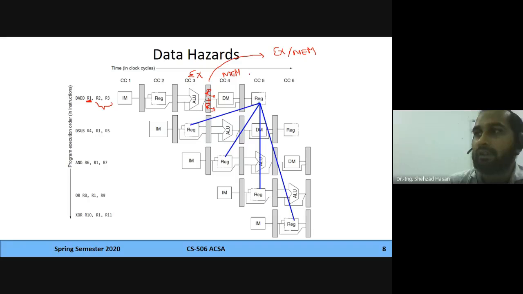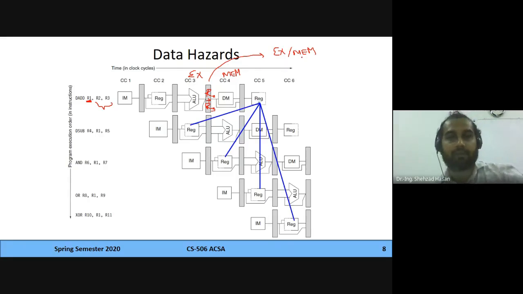And then we are going to call this register the EX/MEM pipeline register. So if we can have a method to provide the value directly from this register to any unit that needs it, then where do we need this value for the next instruction, the subtract instruction?